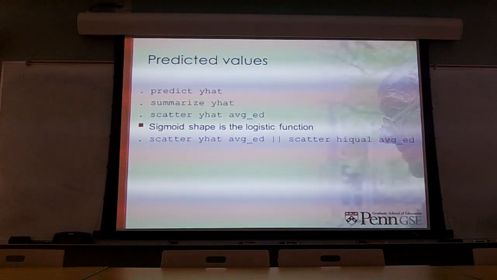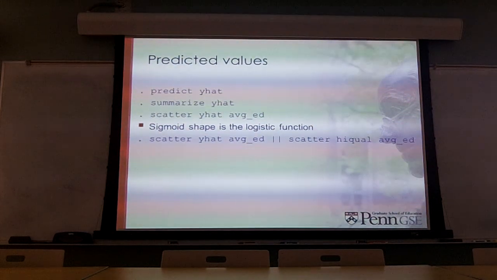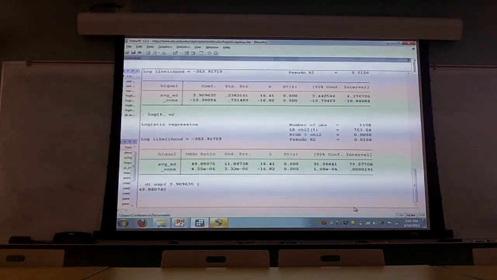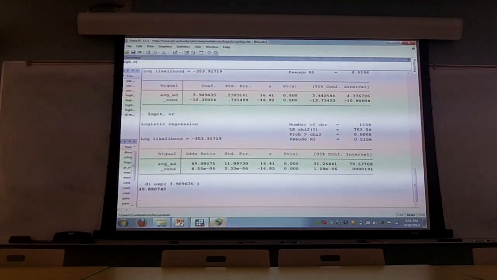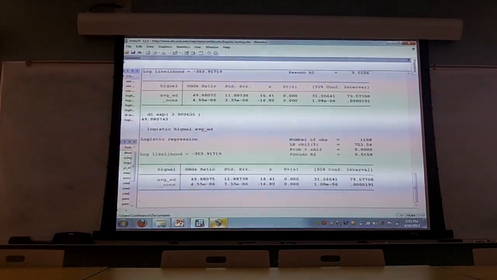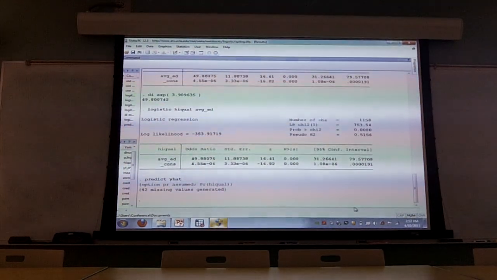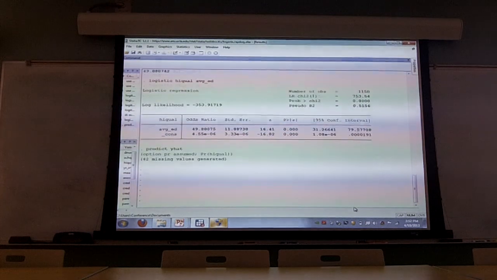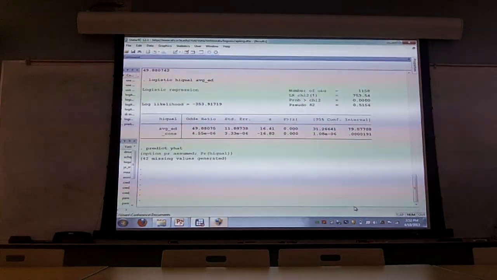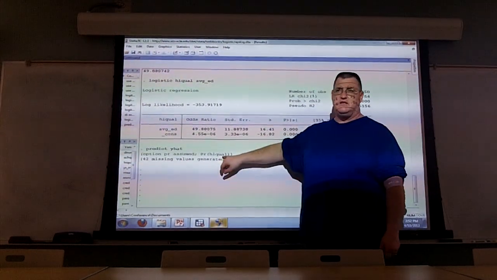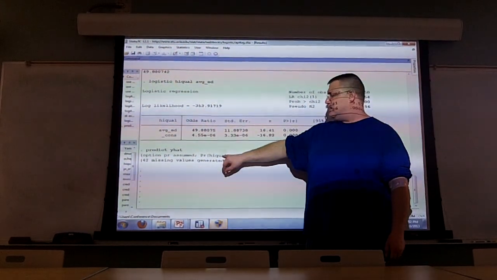After we do our logistic function. So actually what it's going to give you is the probability of a high quality education.